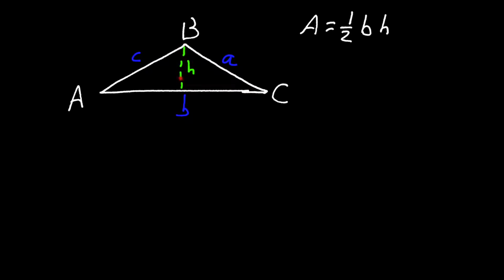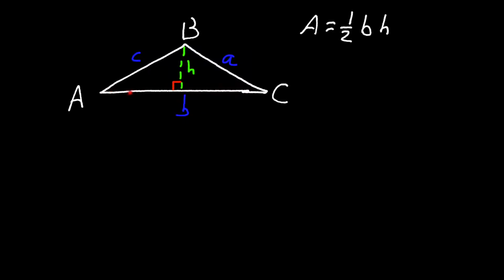We treat this line right here as if it's an altitude going from this angle down. Altitudes make a right angle. And now, what do I have here? I have a right triangle.